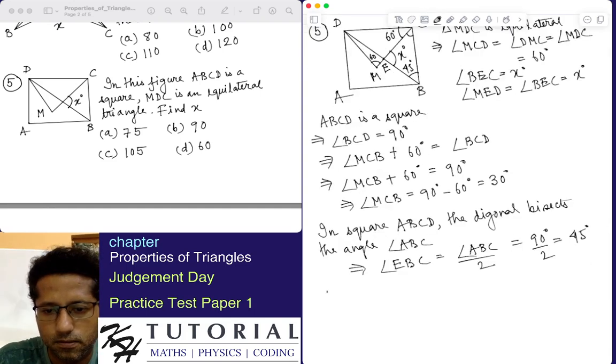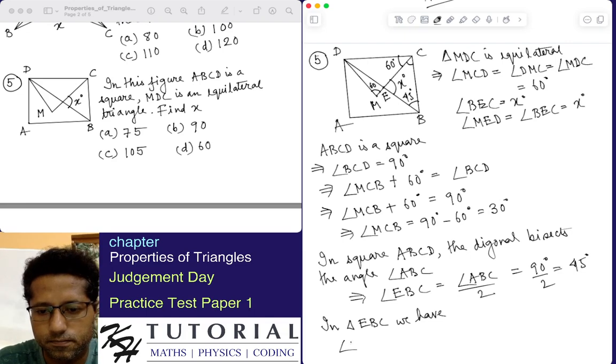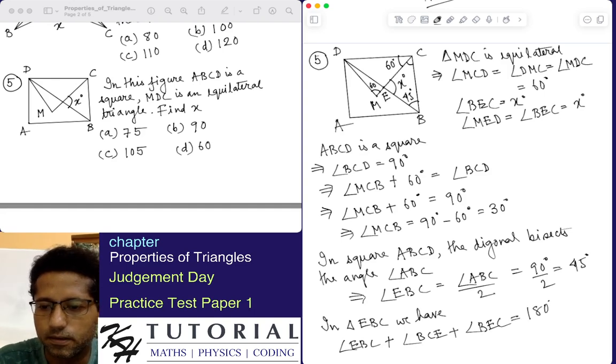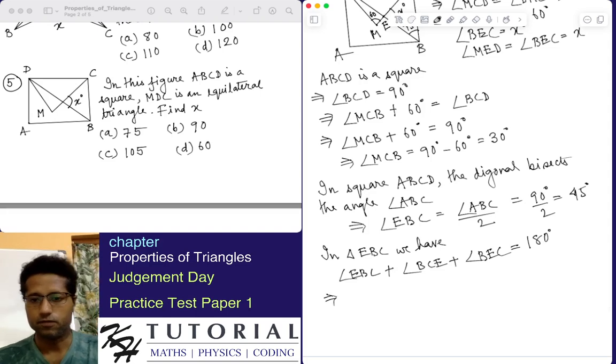Now in triangle EBC we have the sum of the angles to be 180 degree, that is angle EBC plus angle BCE plus angle BEC should be equal to 180 degree. Angle EBC is 45 degree.